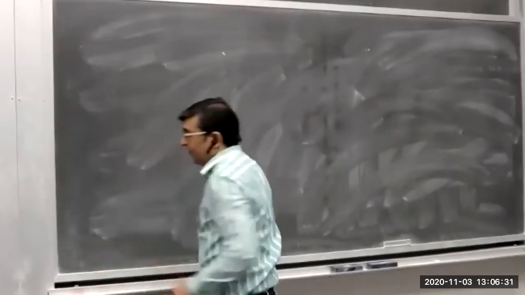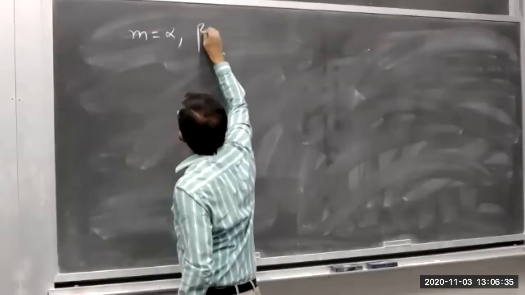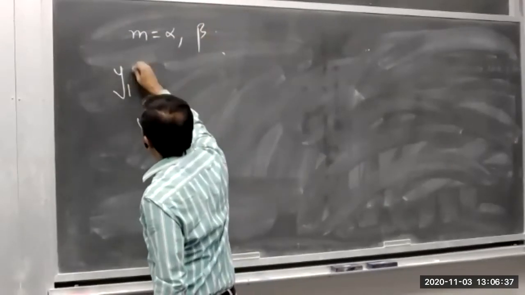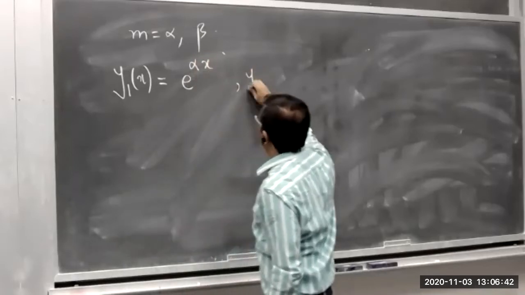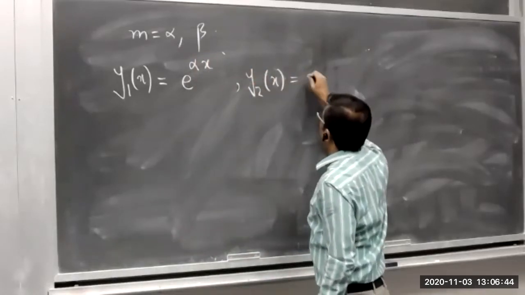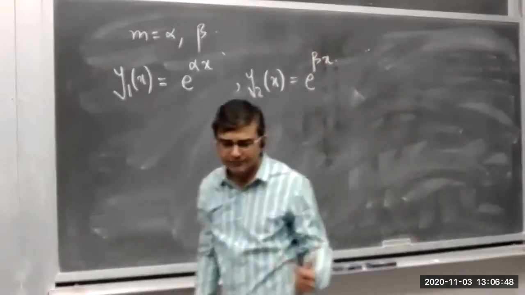Now, if we have 2 values of m, alpha and beta, then y1 of x will be e raised to the power alpha x, and y2 of x will be e raised to the power beta x, because m has 2 values.